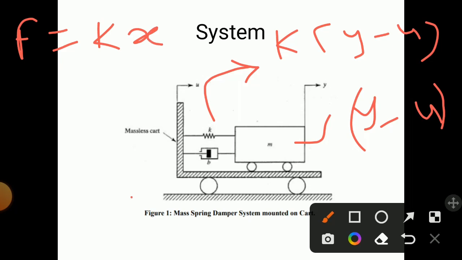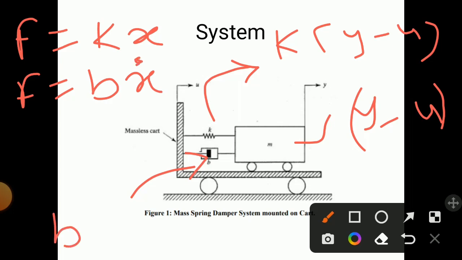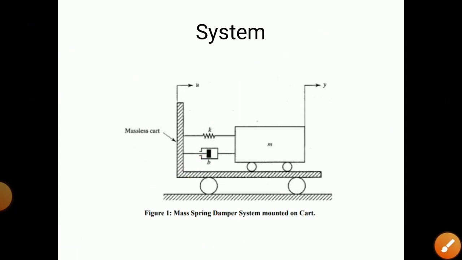Similarly for the damper, what is the formula of force for the damper? It is B into x dot, B into displacement dot. So here it is B into y dot minus u dot. There are two forces acting on the mass m: one is the spring force and one is the damping force, k into y minus u and B into y dot minus u dot.